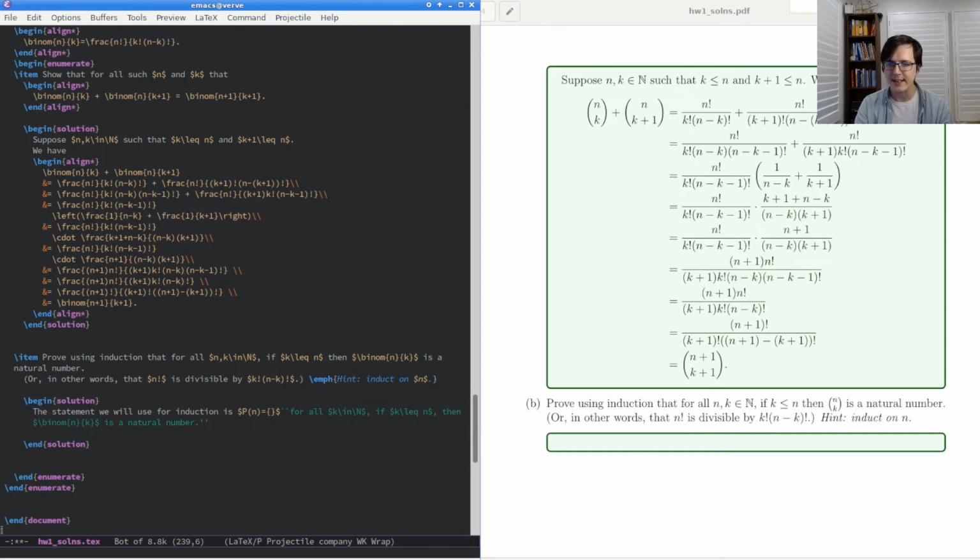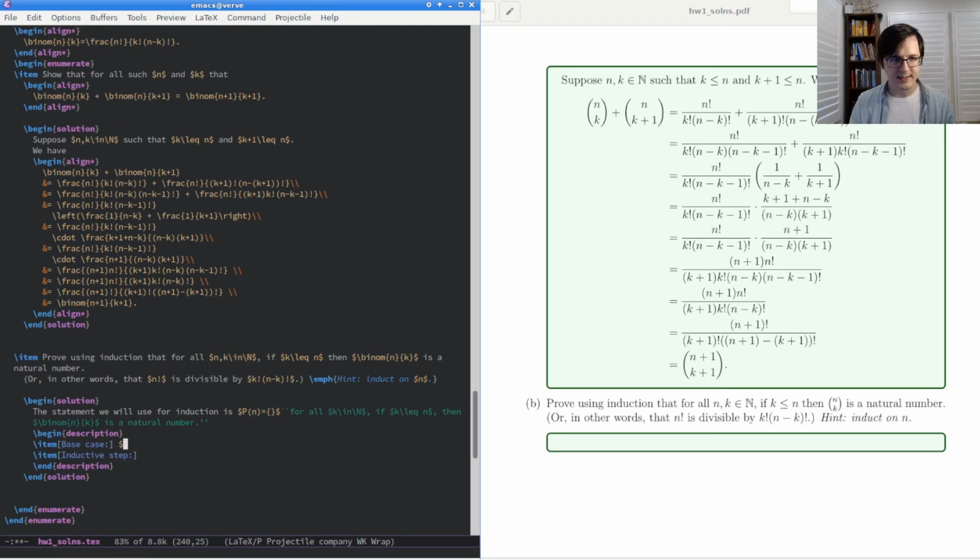I'm just stating that because there are two variables involved and what are we inducting on. We need to make sure that k is allowed to be anything for our induction hypothesis. So let us set up our base case and our induction step.